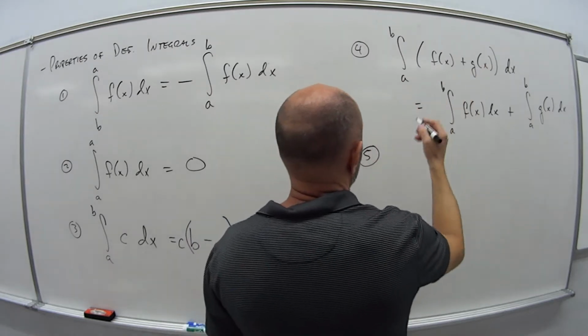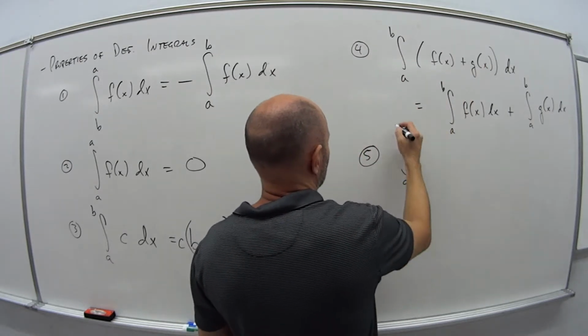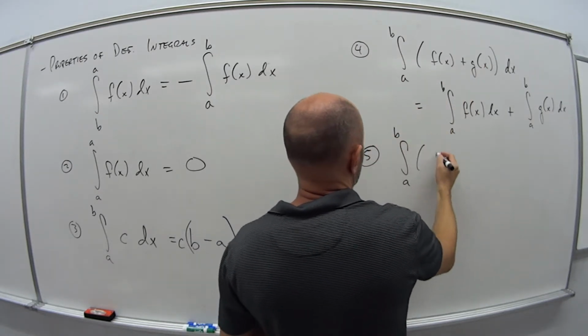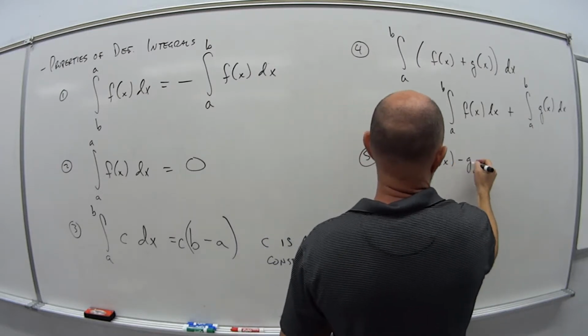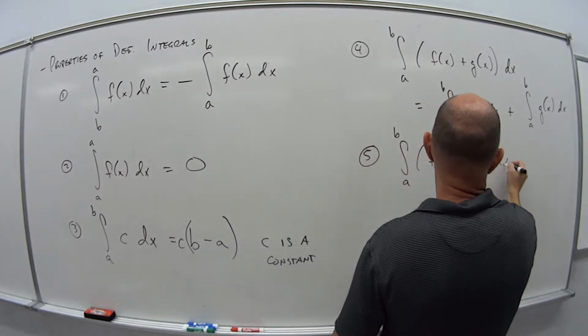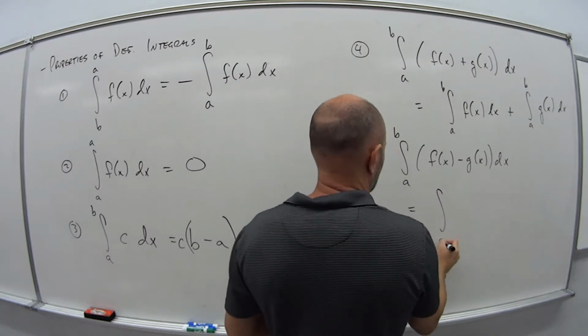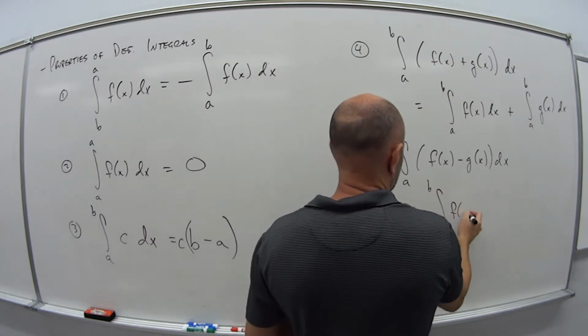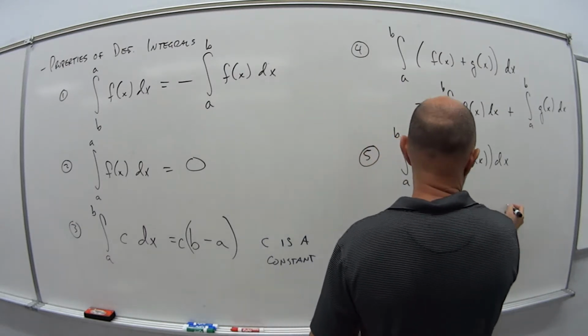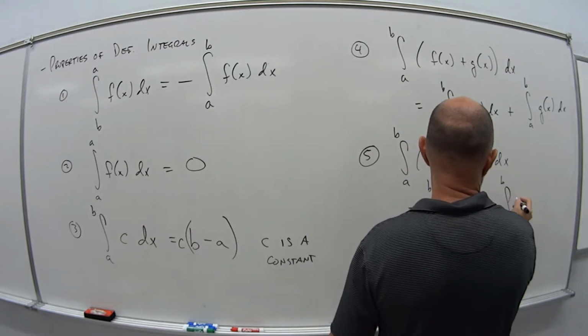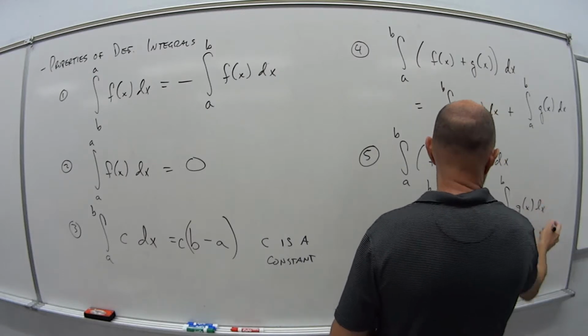Number 5, it's basically the same as 4, but with a minus sign. So from a to b, f of x minus g of x dx is just the integral from a to b of f of x dx minus the integral from a to b of g of x dx.